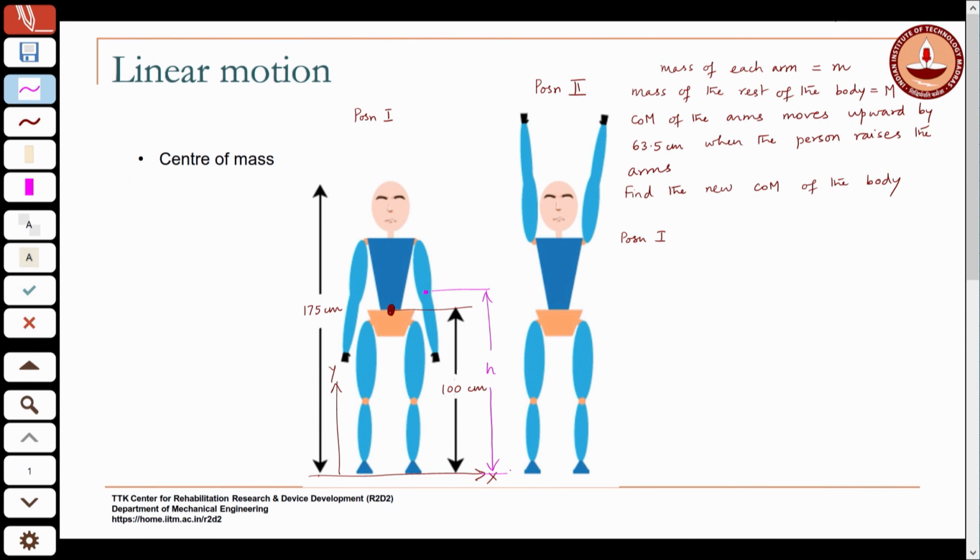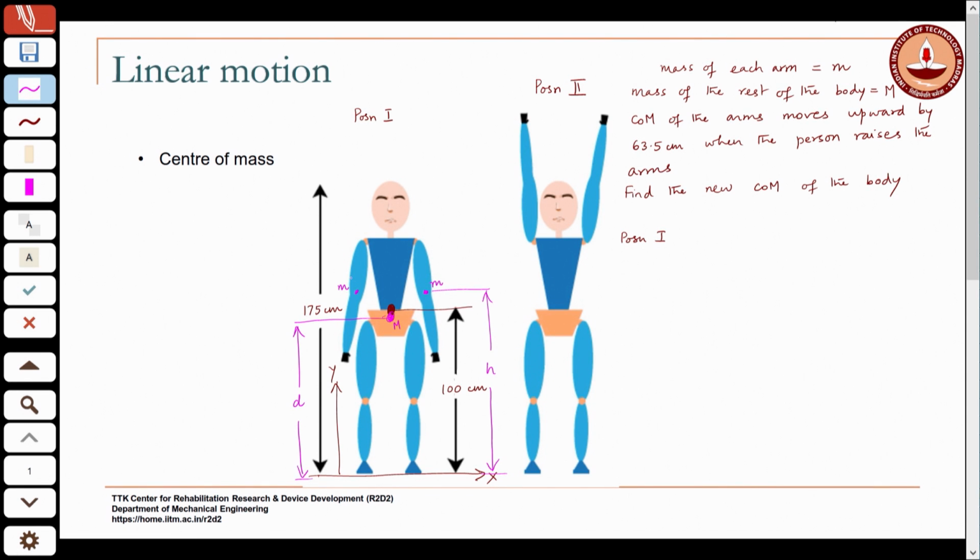And then let us say the center of mass of the rest of the body is located at some distance d above the ground. So, there is an m on this side also, the mass of the arms.